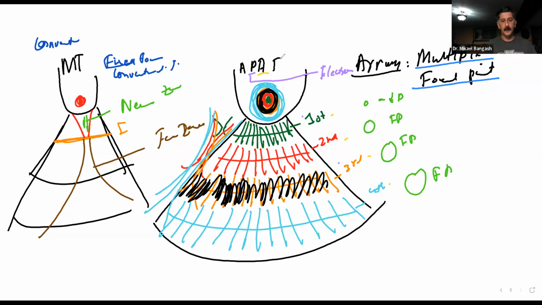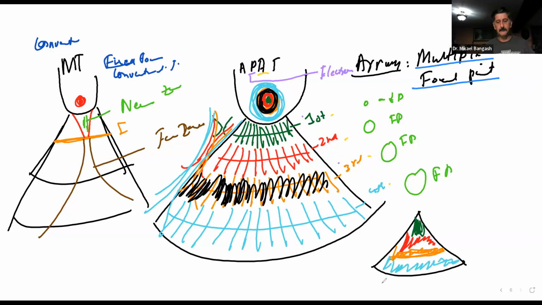So if this was our image, this was the green, this was the red, this was fine, the orange, and then our turquoise blue here.